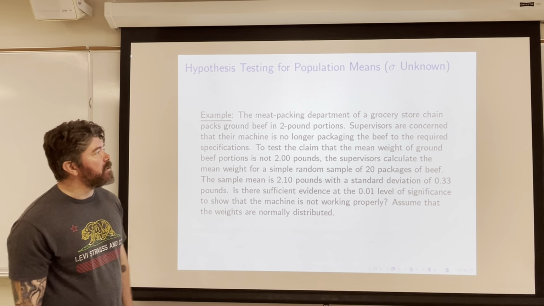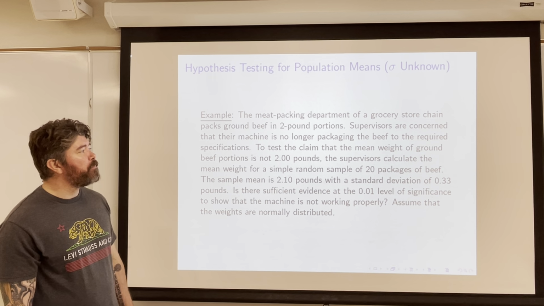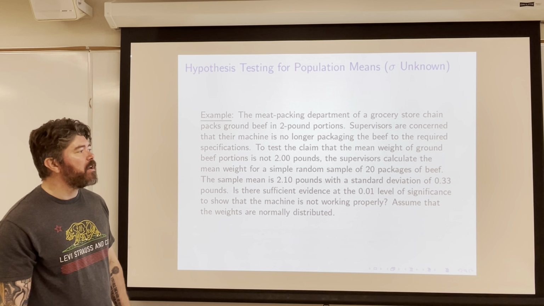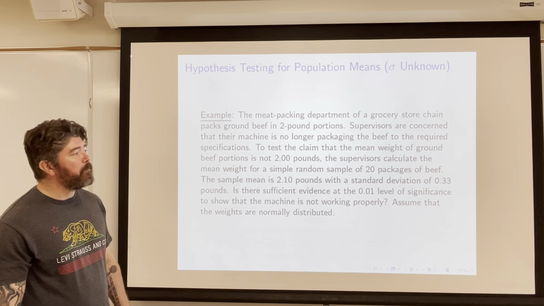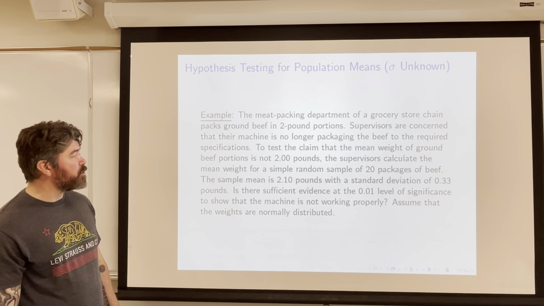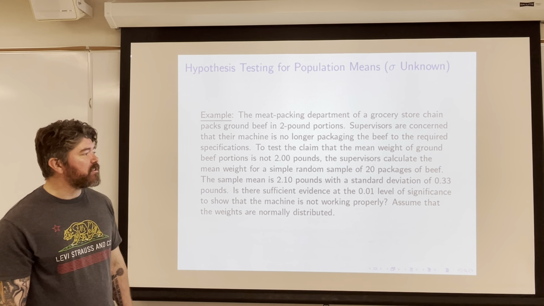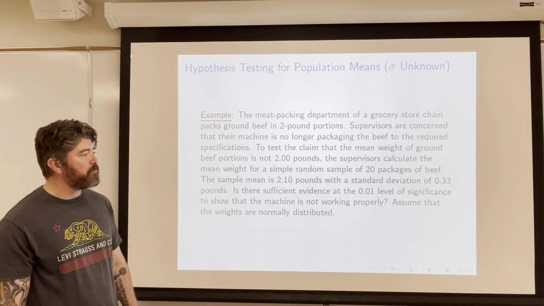So the meat packing department of a grocery store chain packs ground beef in 2-pound portions. Supervisors are concerned that their machine is no longer packaging the beef to the required specifications. To test the claim that the mean weight of ground beef portions is not 2.00 pounds, the supervisors calculate the mean weight for a simple random sample of 20 packages of beef.